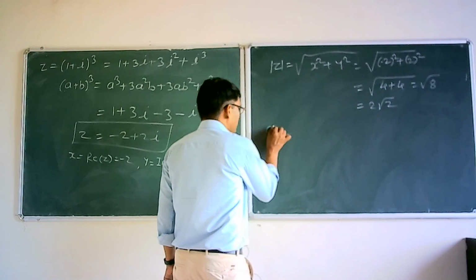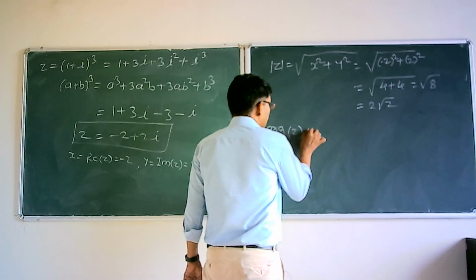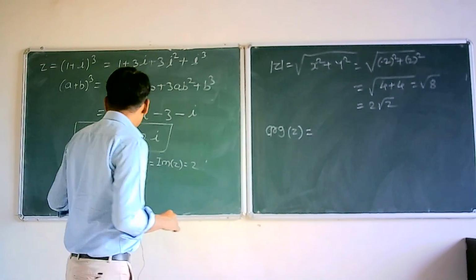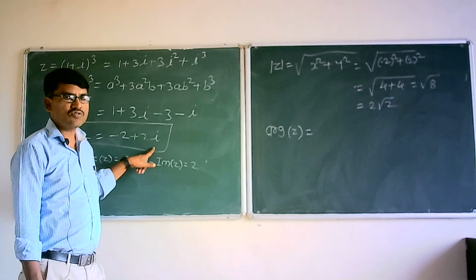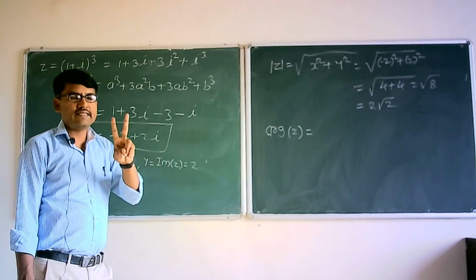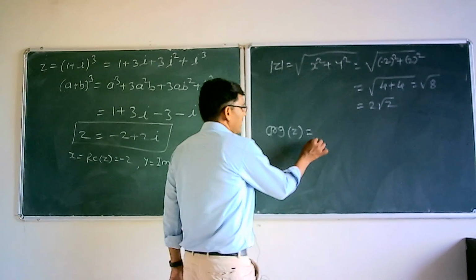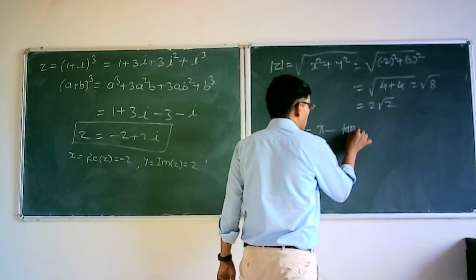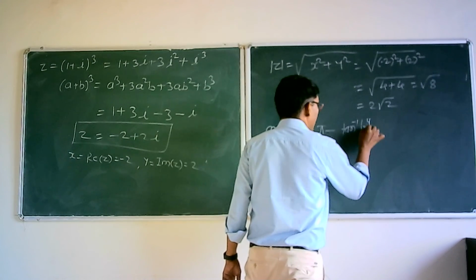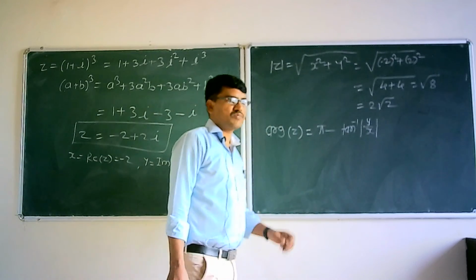Now what is the argument of z? Since for this complex number x is negative, y is positive, it means our complex number lies in the second quadrant. Now in the second quadrant, what is our argument? Pi minus tan inverse of mod of y by x.